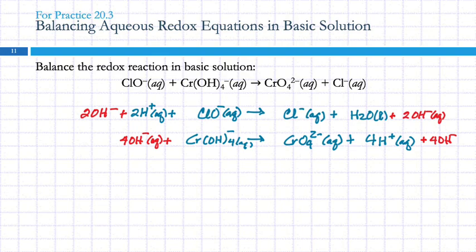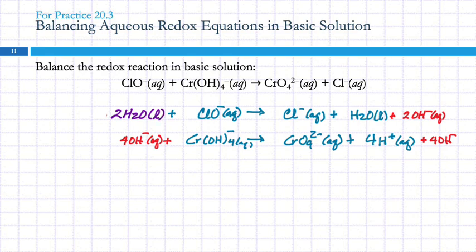We could leave it like that, but then we have an awful lot of cleaning up to do at the end. So we'll say, well, 2 hydroxides and 2 hydrogens makes 2 water molecules. So I'm going to rewrite that as 2 water molecules.